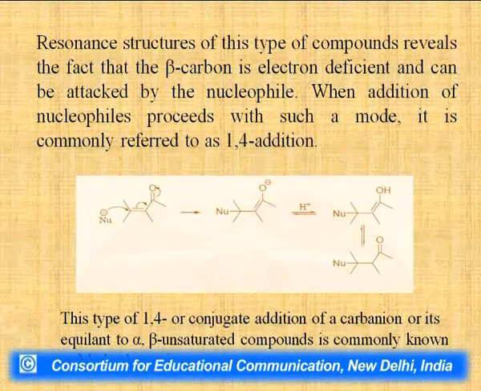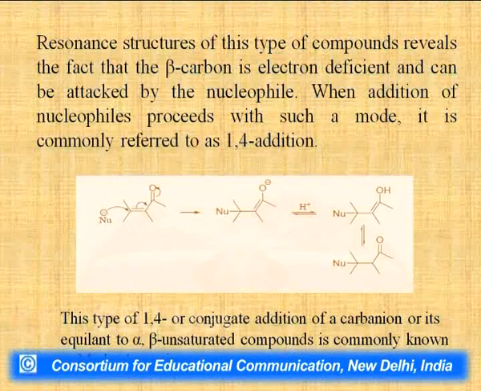Why is it electron deficient? Because of attachment of the carbonyl group, and oxygen being electronegative compared to carbon attracts the pi electrons towards itself, hence making the beta carbon electron deficient. When it is electron deficient, the nucleophile will attack on this position.